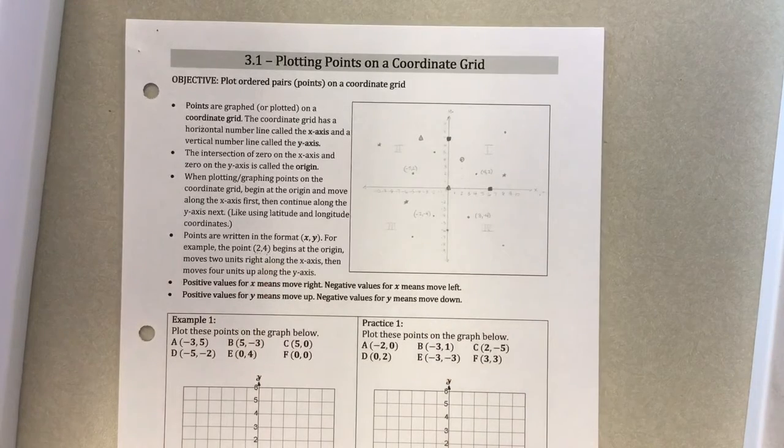But let's say you were playing the game Battleship. I don't know if you've ever played that, but it's a pretty cool game. Your ships are hidden from the other person, and so the other person gives you these coordinates and tries to sink your ships. Well, this is similar to that.